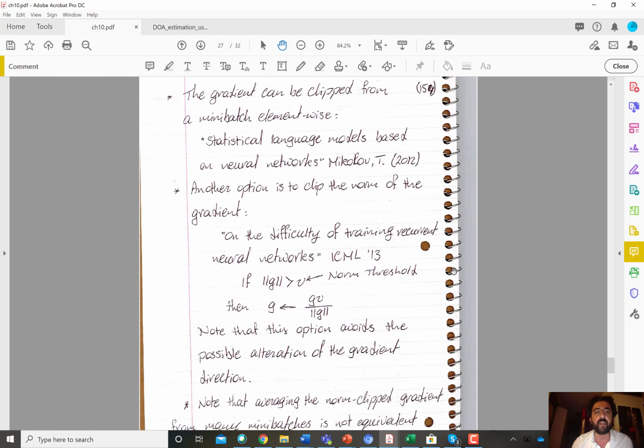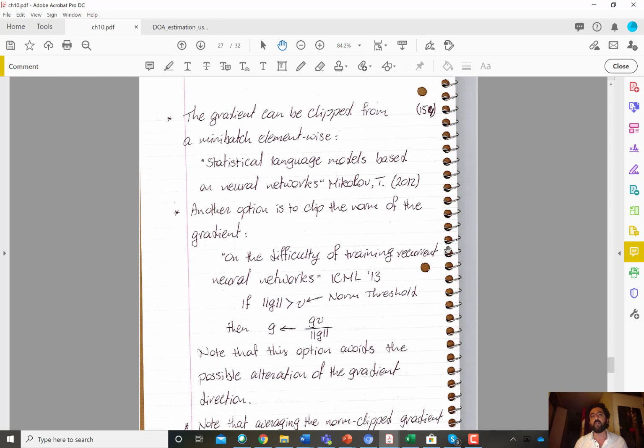Then how is the gradient clipped? You take the gradient of the mini-batch for all the examples. That's the gradient that is used for the parameter updates. Now, one strategy introduced in the paper Statistical Language Models Based on Neural Networks in 2012 is based on clipping each element independently. This is computationally easy.